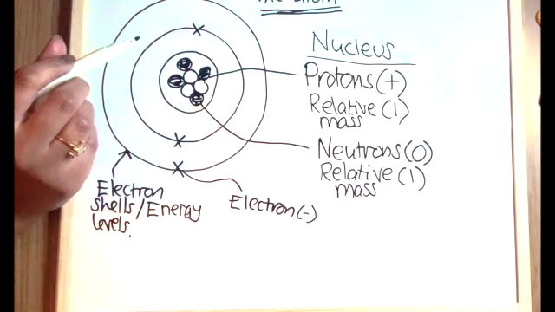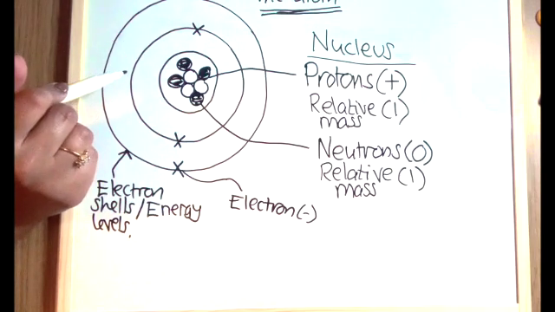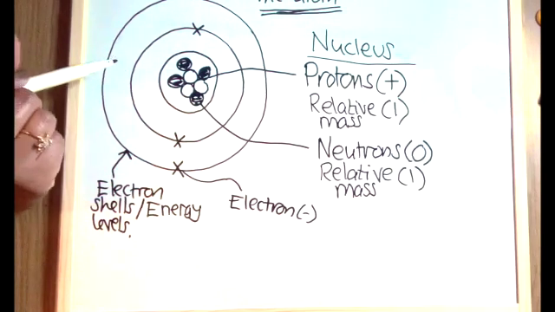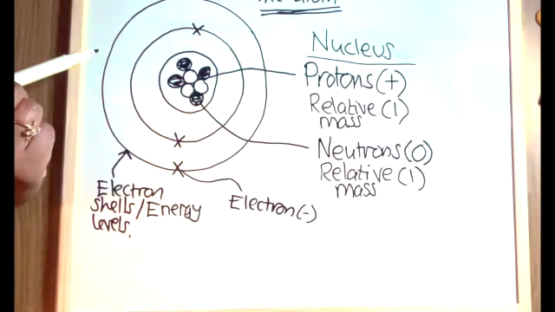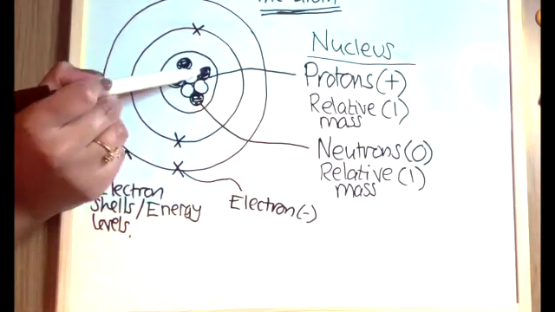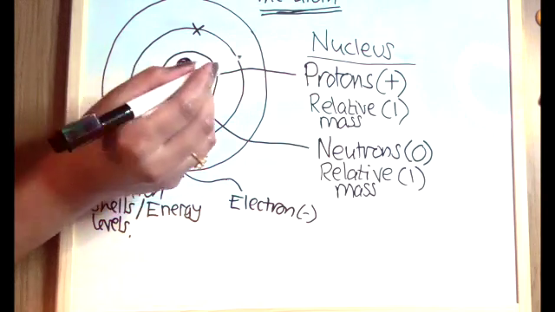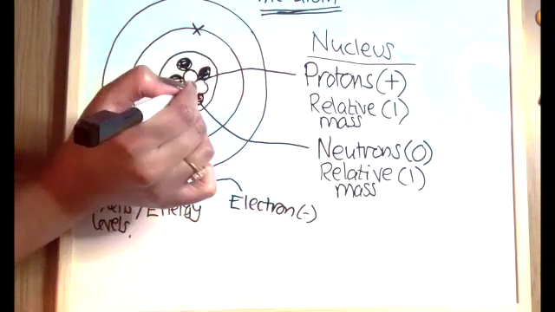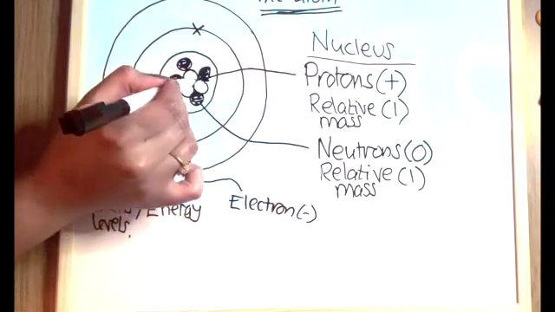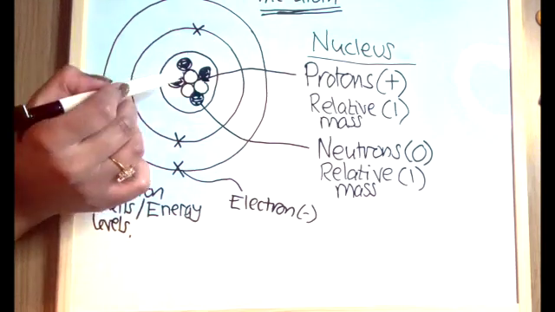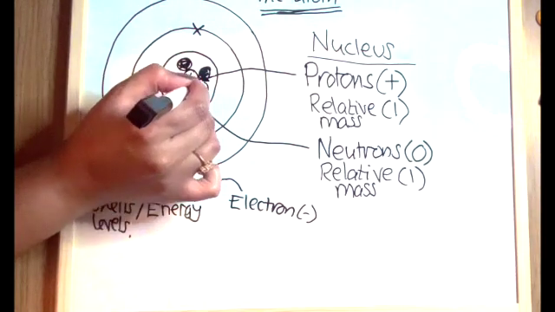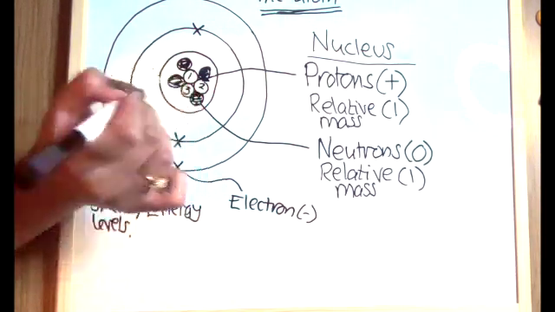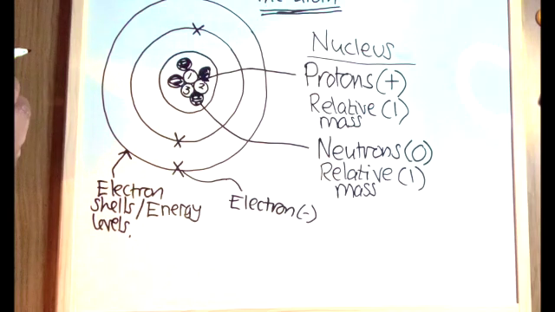Now, when we start to think about an atom, if we look here on this diagram of the atom, I have drawn on here these not coloured circles, 1, 2, 3 protons in the nucleus.